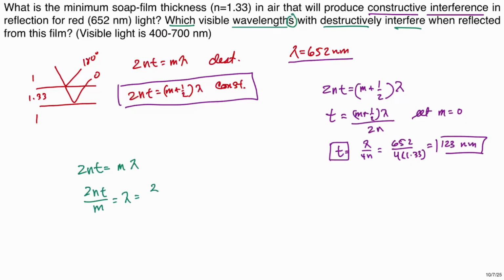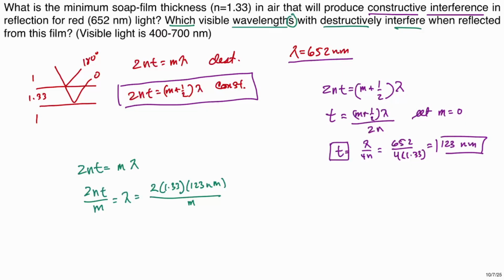So that's 2 times 1.33. Again, the index of refraction in this equation is the index of the film. You can have a lot of indexes of refraction flying around in some of these problems, up to 3. Make sure that the n that you put into this equation is the index of the thin film, not the superstrate, not the substrate. And then the thickness is 123 nanometers, and then it's divided by m.